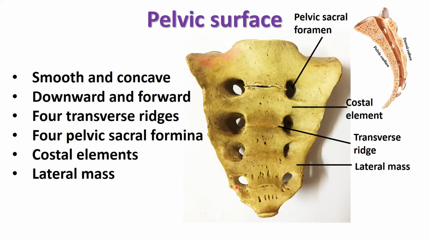So this part is the lateral mass of the sacrum. So again, on the pelvic surface, in the middle portion you will see the 4 transverse ridges, then the pelvic sacral foramina, and this part is the lateral mass of the sacrum.